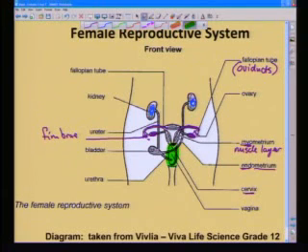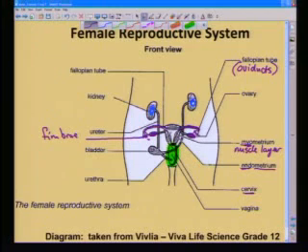This here would be the vagina. The vagina also has mucous membrane so that it does become moist, which aids in sexual intercourse or copulation. It has slight folds in it as well, and it's a nice dark warm place as well. That also creates issues which we will do later on in this section of work.